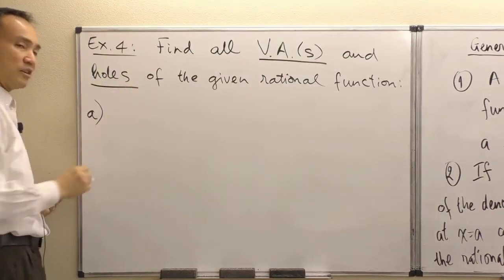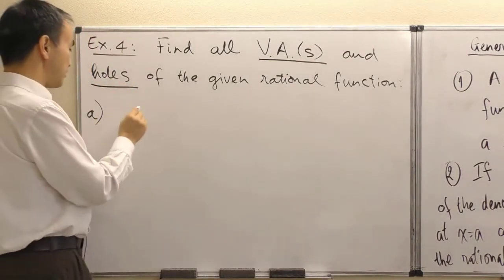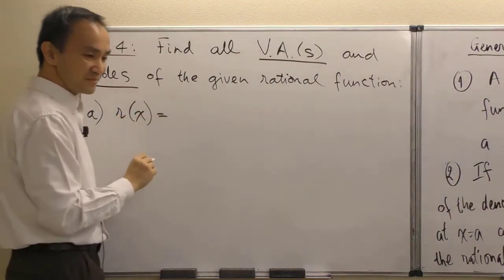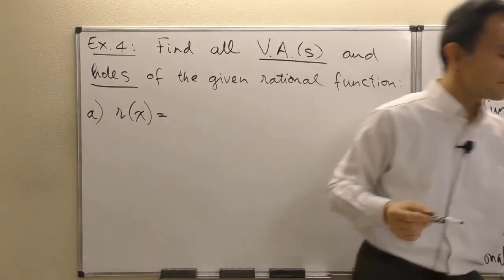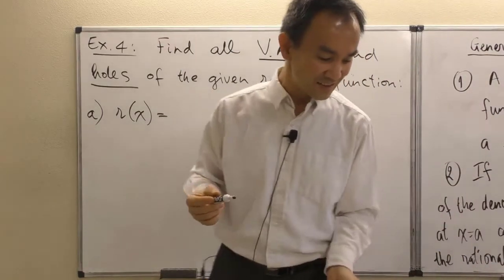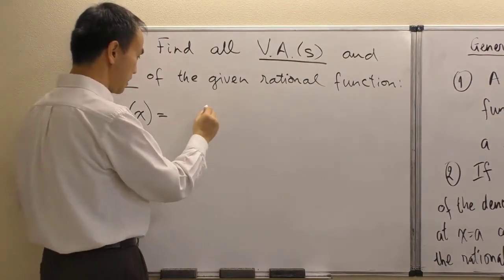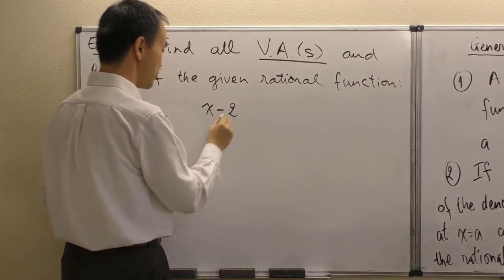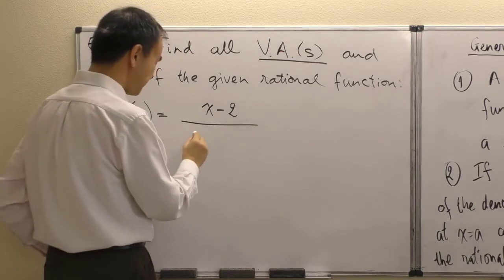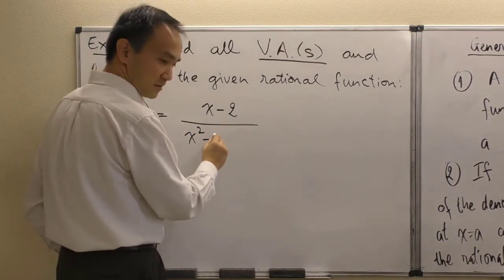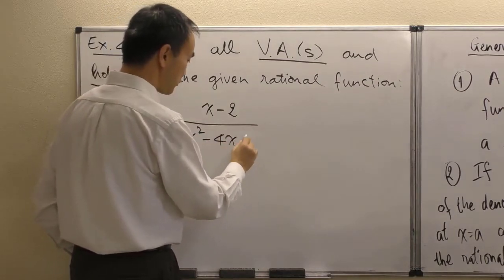Okay, so let's look at part A right here. Our function, I'm going to name that Q of x, with those problems I prepared in my quick notes right here, is x minus 2 all over x squared minus 4x plus 3.